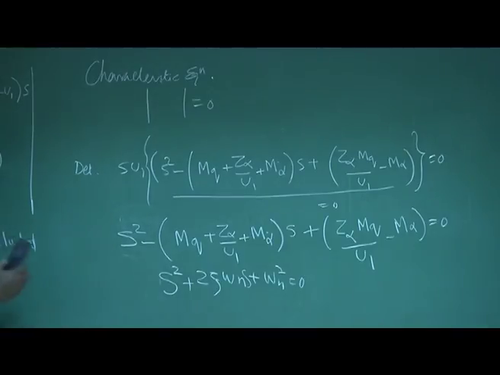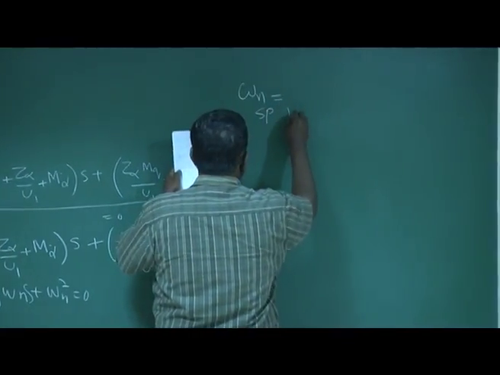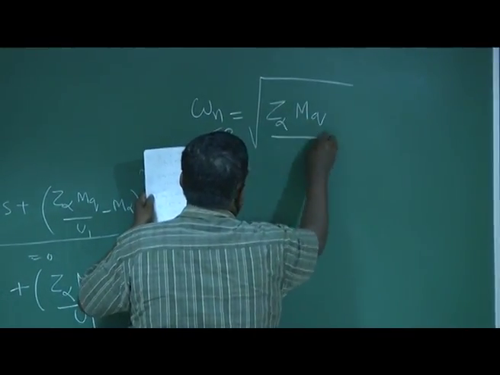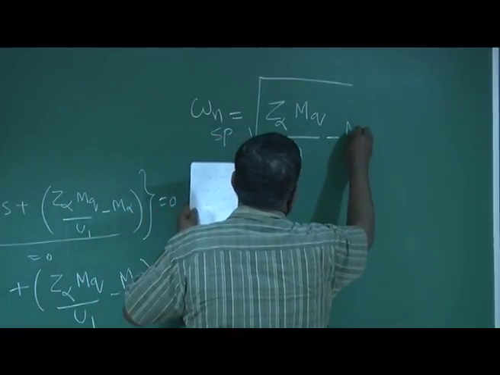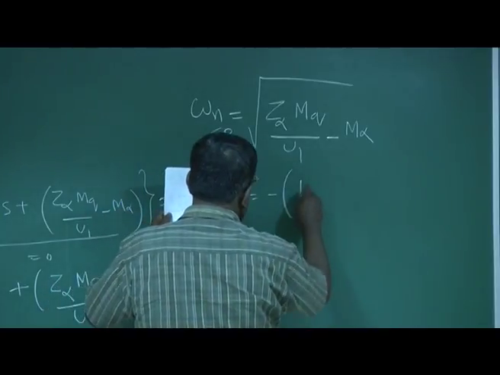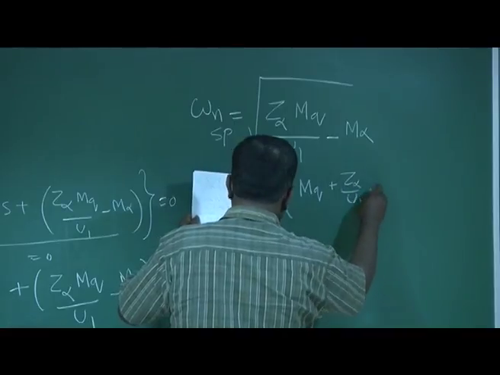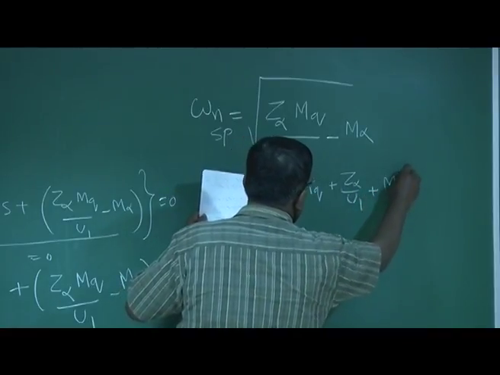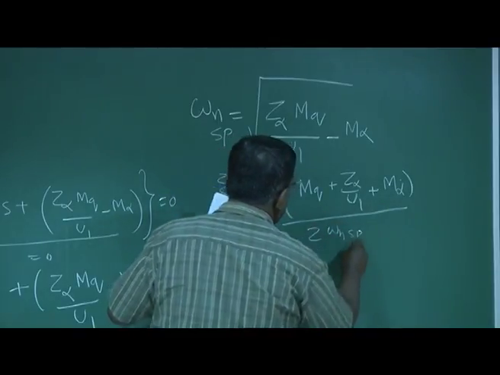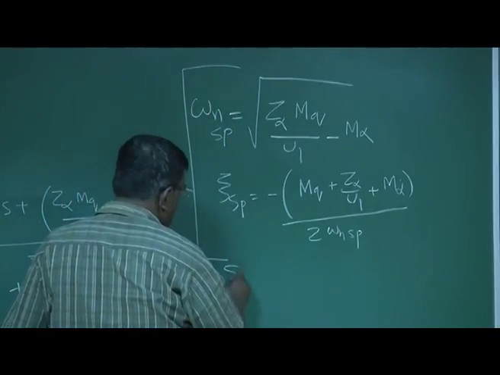I get omega n short period equal to under root of (z alpha mq by u1 minus m alpha) and zeta short period equal to minus (mq plus z alpha by u1 plus m alpha dot) by 2 omega n short period. So this is basically what we are getting for short period.